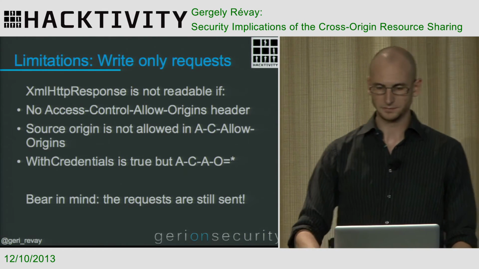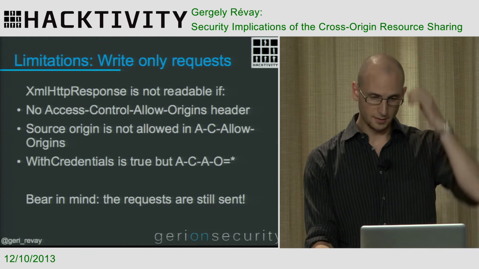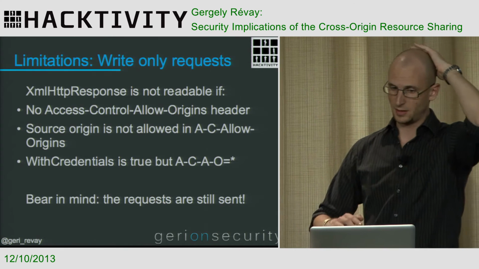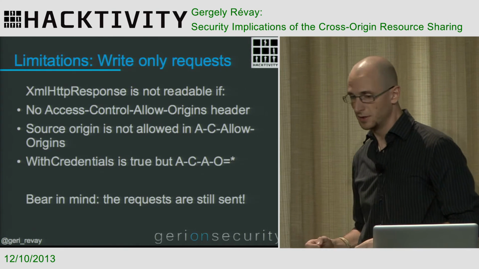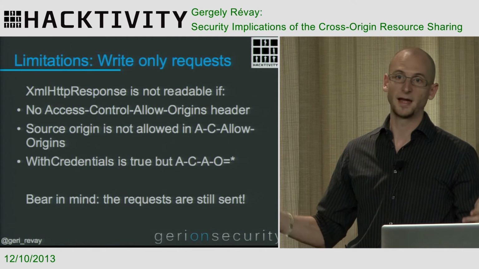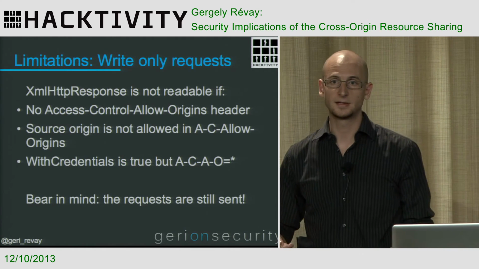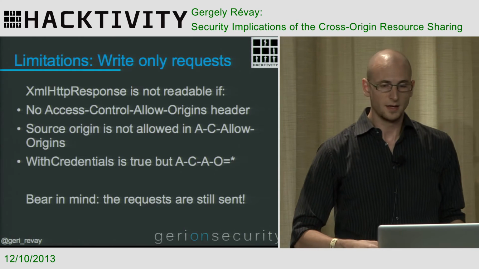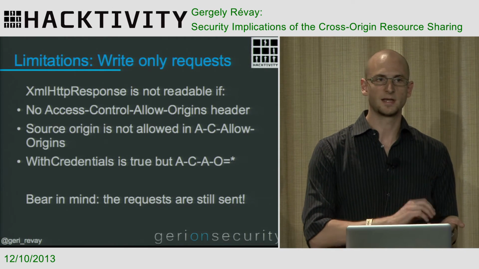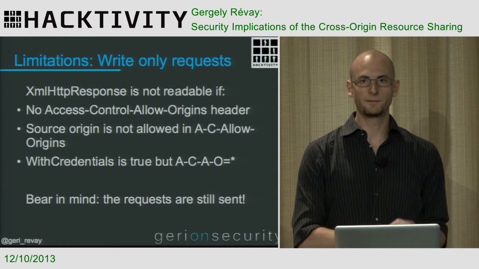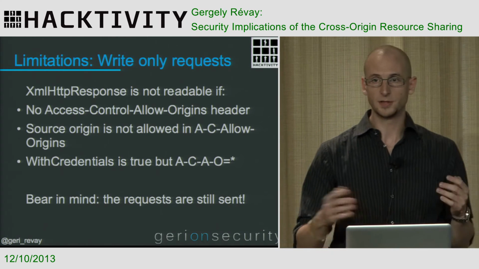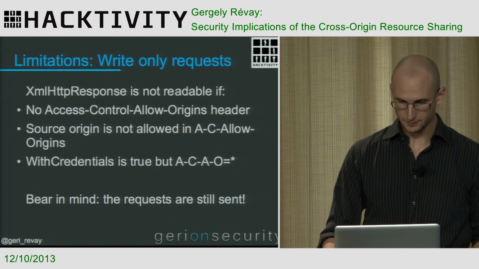The second case is if there is this Access-Control-Allow-Origin header, but the origin where you are is not defined there. That means essentially that the server says, okay, I give you the response, but this response is only for this and this and this origin. And if you're not in that, then the browser will not show you the response.